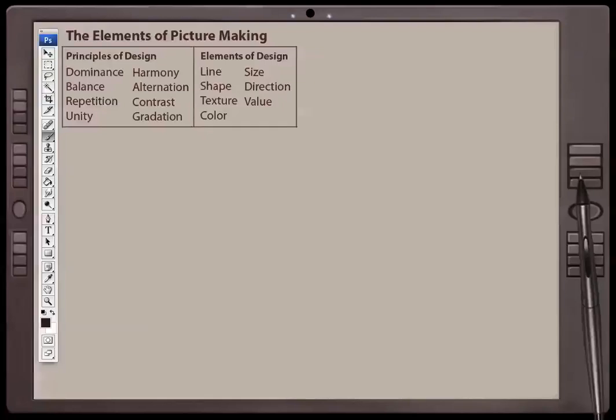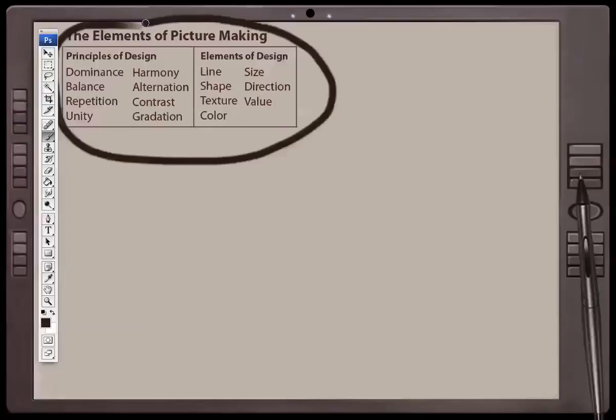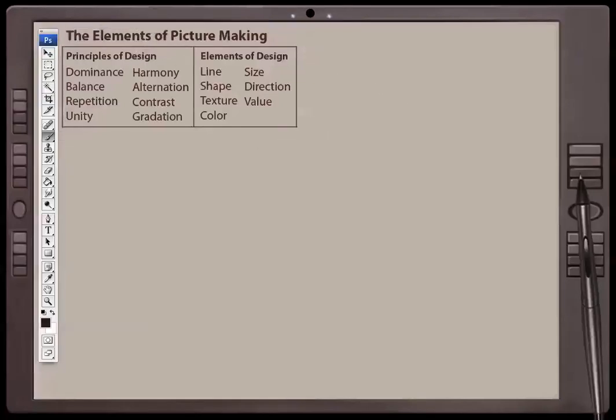I should note, however, that there are additional elements of design as well as principles of design, but I've excluded them here in order to simplify things and not to overwhelm you with too much in the beginning.